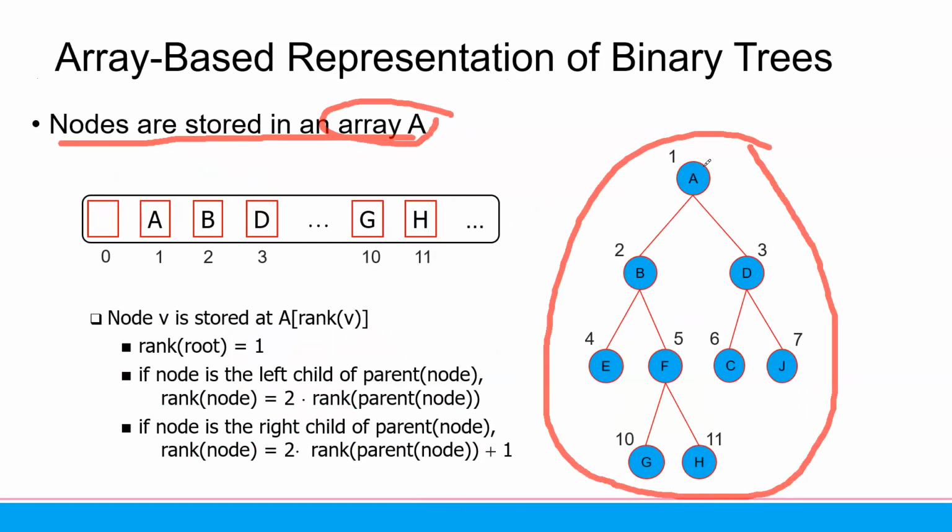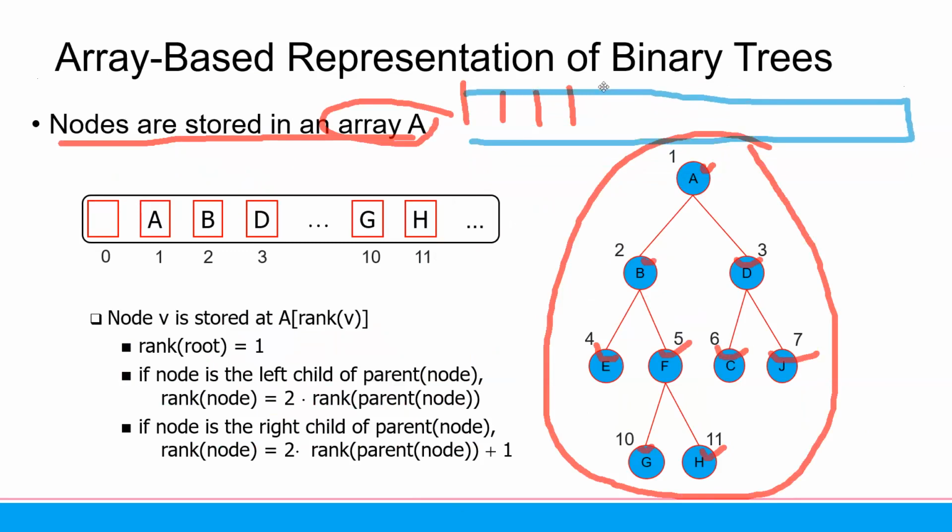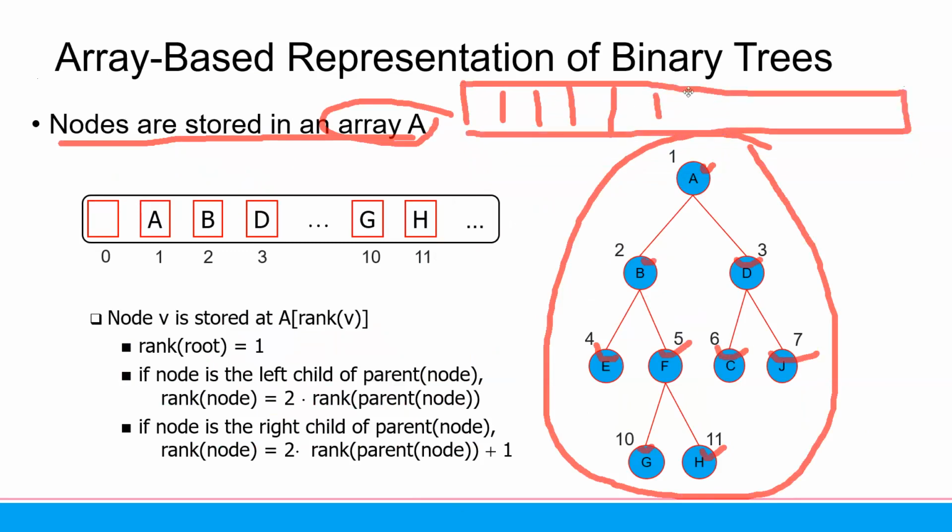We know that we have locations 1, 2, 3, 4, 5, 6, 7, 8, 9, 10, 11, and more. It means we can have an array with some locations.